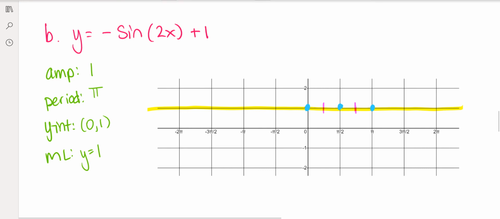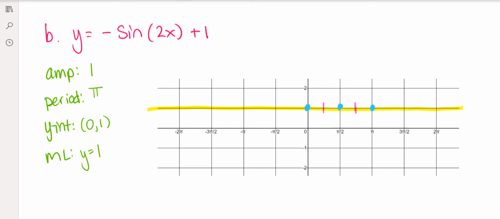Okay, so then now I can do my amplitude. Okay, my amplitude is 1. So 1, 1. Are we good? Wouldn't you start going down since it's negative? We would.